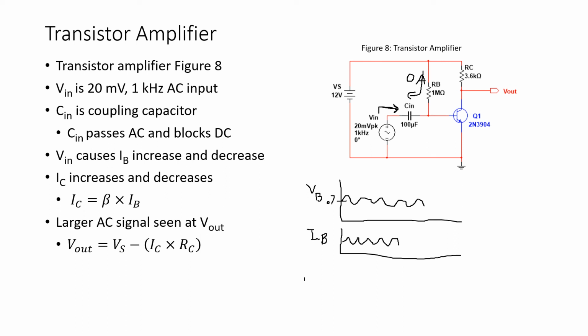And this will cause a much larger change in the collector current, because again, remember, the collector current is amplified times beta. And of course, the output will vary above and below the 6.1 volts that we saw in the previous slide.